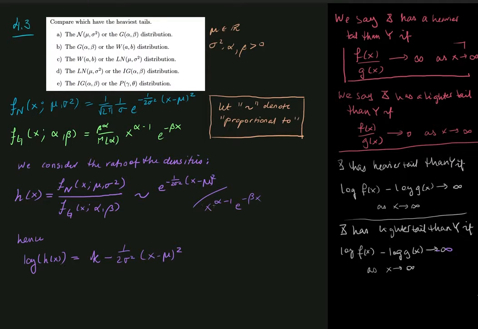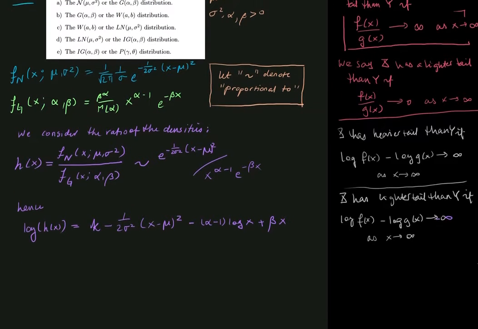And then the division translates into a minus when I take the log. And then log of x to the alpha minus 1 is alpha minus 1 log x. And I then have minus log of e to the minus beta x, which is minus minus beta x, so that's plus beta x.